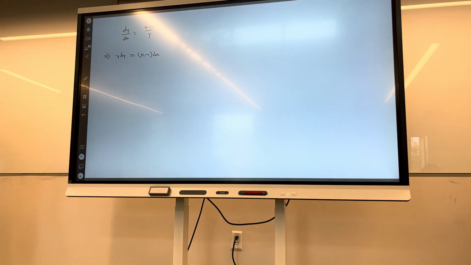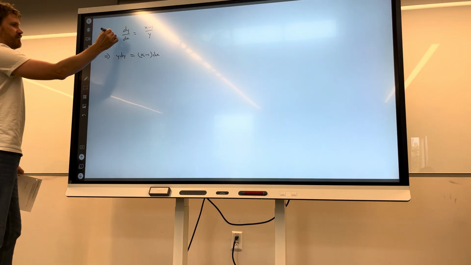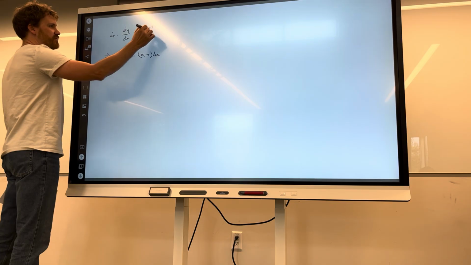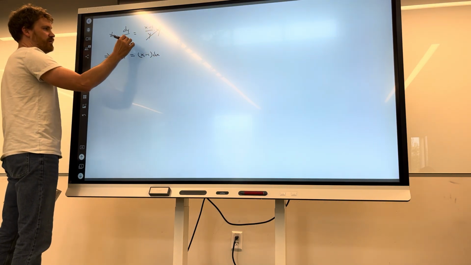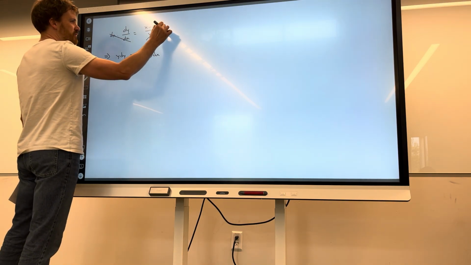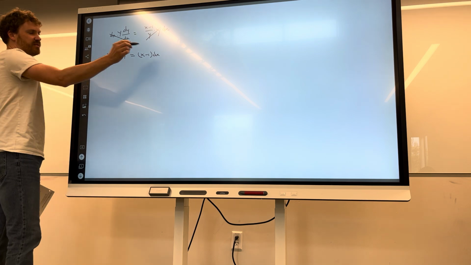I'm treating this like a fraction, multiplying both sides by dx to move the dx over, multiplying both sides by y to get the y over, and now I have all my y's on one side and all my x's on the other. I'm adding a couple of extra steps for the benefit of people that were gone. In any case, you get this.